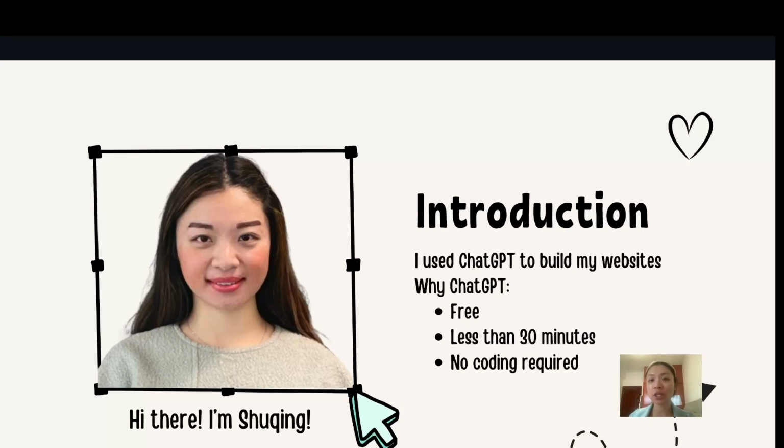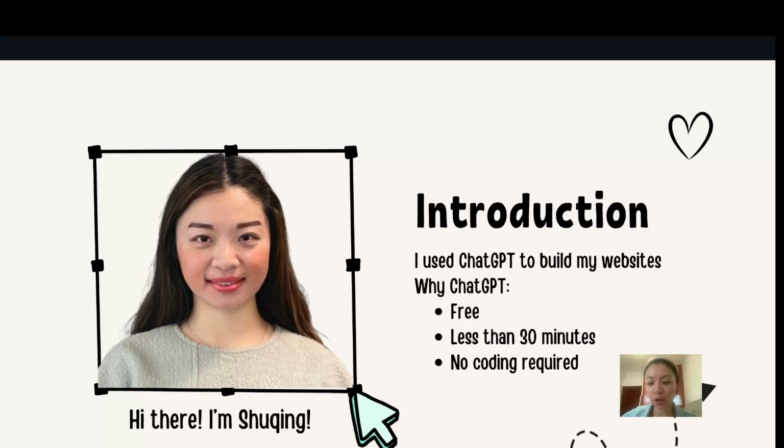And I have full control of how I would like my landing page to look like and where I would like to deploy it, etc. So it's great that you can have full control, and you don't really need to know how to code in HTML and CSS to be able to build your own website.